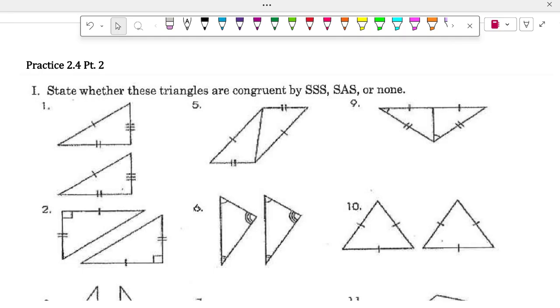All right? So, again, side, side, side; side, angle, side; angle, side, angle; angle, angle, side. And here, I'll do this. Side, side, side. Side, angle, side.